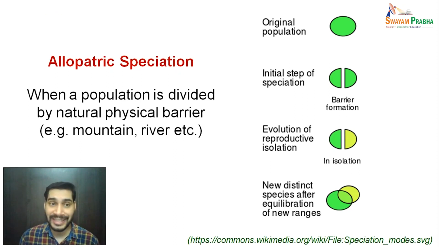We have already discussed allopatric speciation, which occurs when a population is divided by natural physical barriers such as mountains, rivers, deserts, etc. So there is an original population. The first step is the barrier formation, which is an external physical barrier. And then there is an evolution of reproductive isolation. Ultimately, new distinct species take place. This is simply the allopatric speciation.